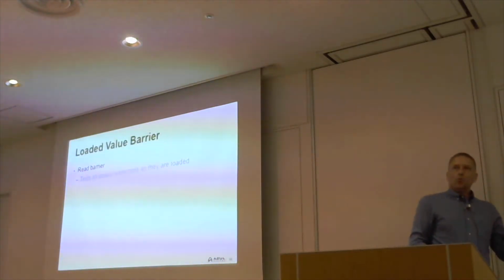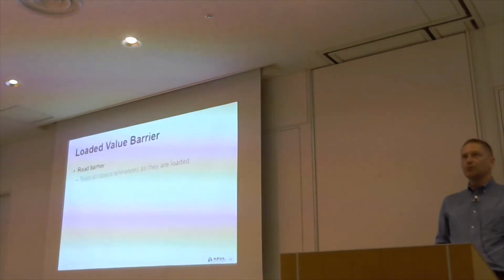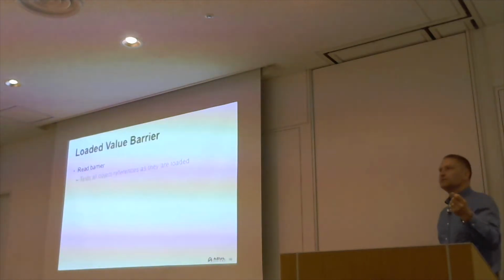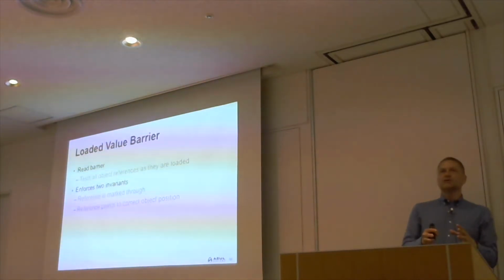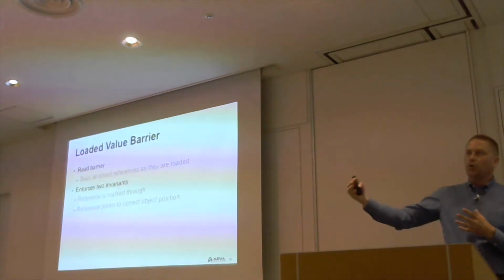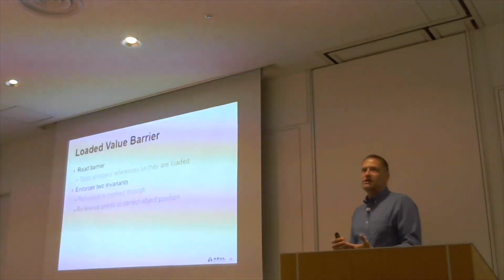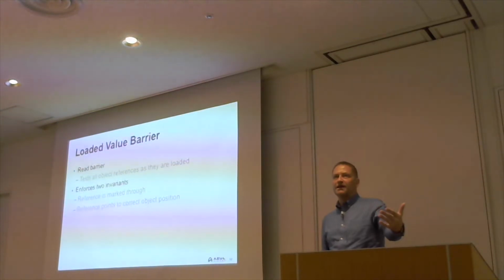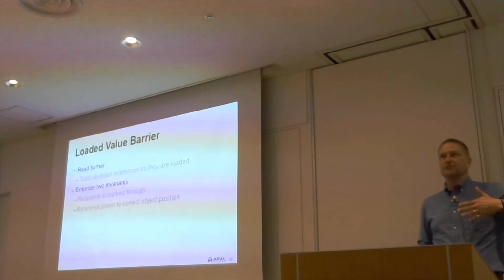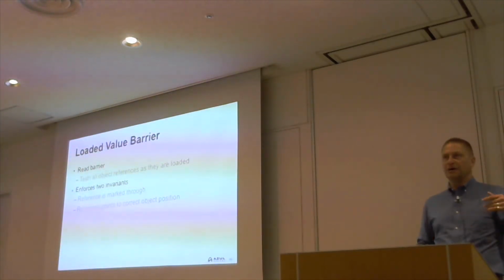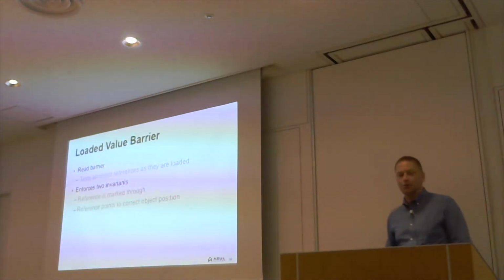So the way we do that is when you want to reference an object, you get the object header. And we look at that object header and we test to see whether we need to do something with it. And we do that by enforcing two rules on what we get back from the object header. The first is that if we're in the marking phase of the collector, we guarantee that when you get the object reference back, it will be marked, either by the garbage collector or by checking when you actually get access to that object.